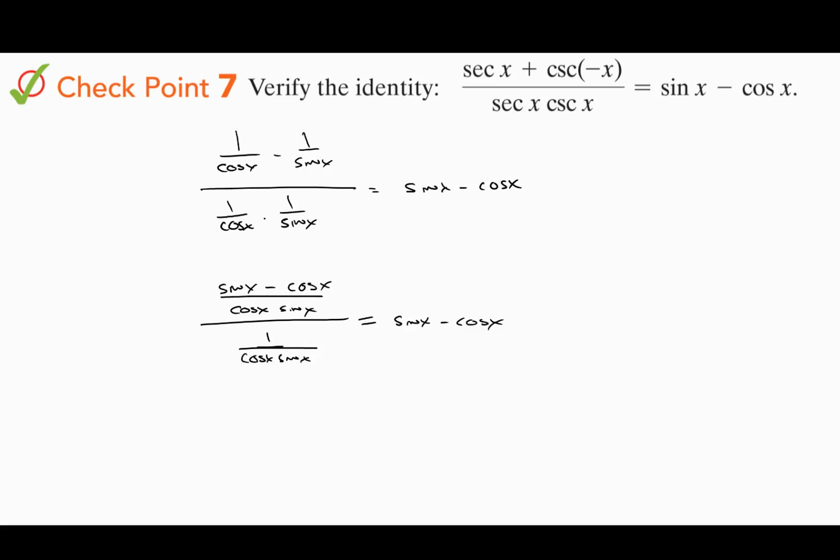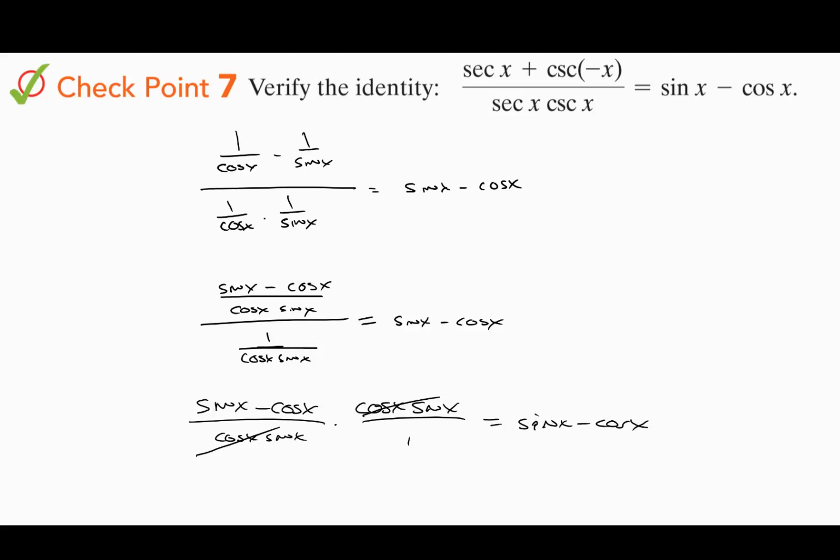To divide a fraction by a fraction, we multiply by the reciprocal, and this works out very nicely. So it's just the sine of x minus the cosine of x over the cosine times the sine times the reciprocal of the bottom, which is the cosine times the sine over 1. Those two cancel, and where am I trying to go?